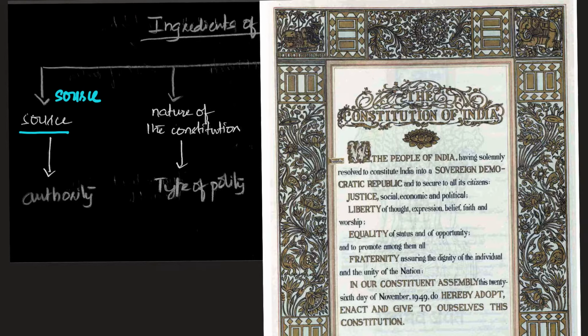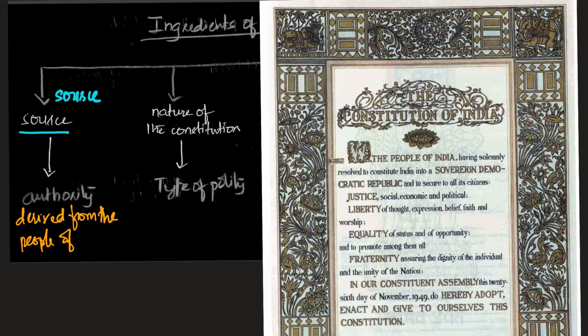It means the constitution has been sourced from India, from the people of India, which in other terms means that the sole authority of the Indian constitution is derived from the people of India.